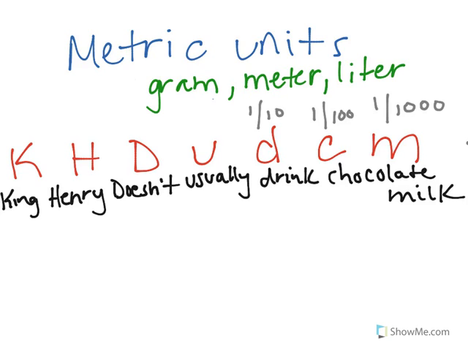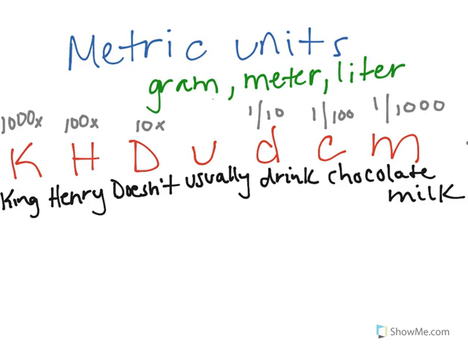Then that prefix deca is 10 times our unit. The prefix hecto is 100 times our unit. And that prefix kilo, for K, is 1,000 times our unit.